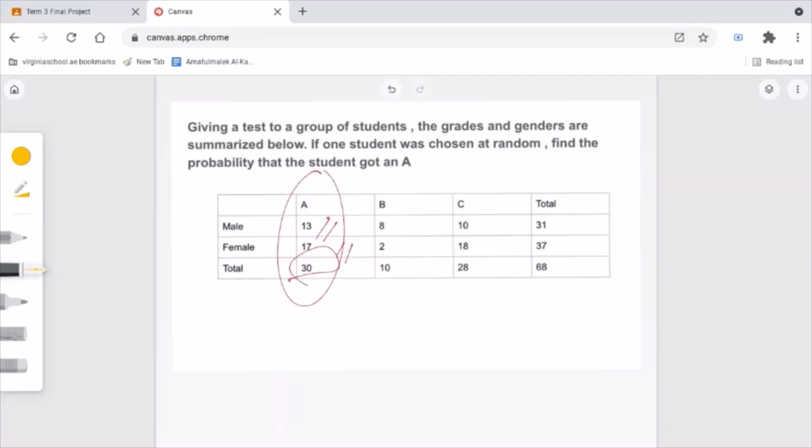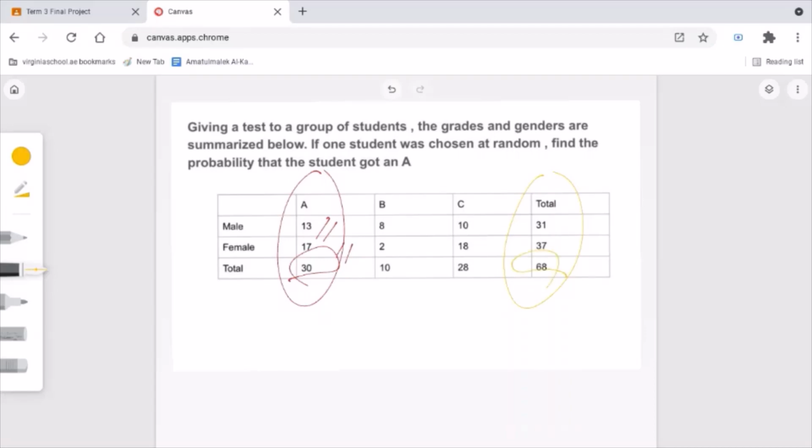Now looking at the total column here, we notice that 31 males took the test and 37 females took the test. Therefore, there were a total of 68 test takers.